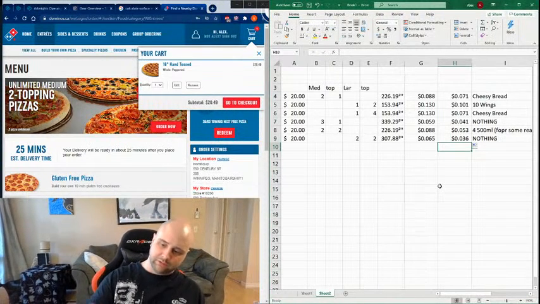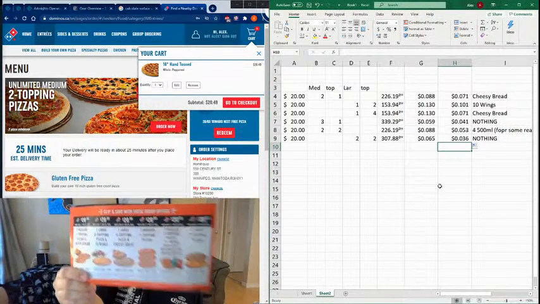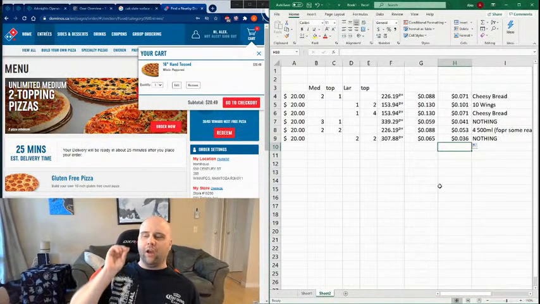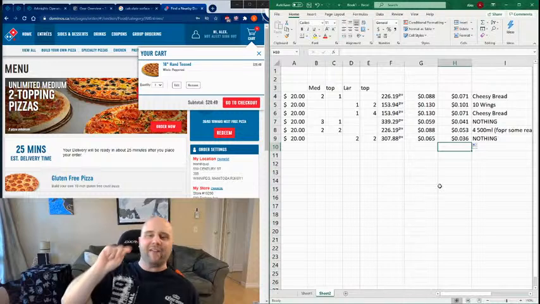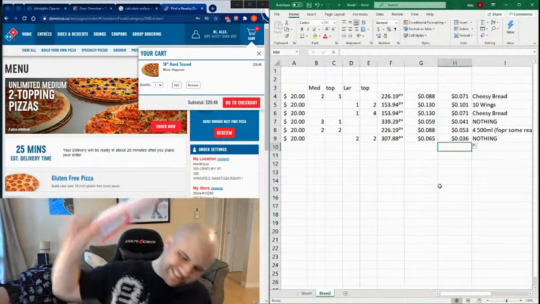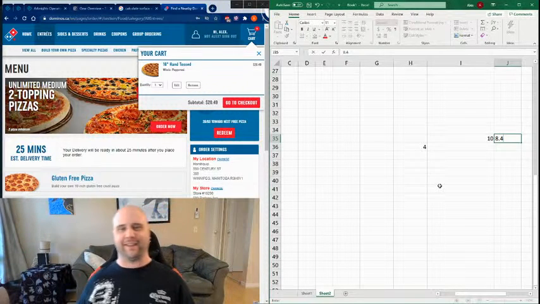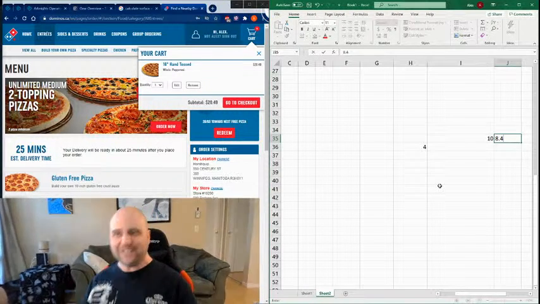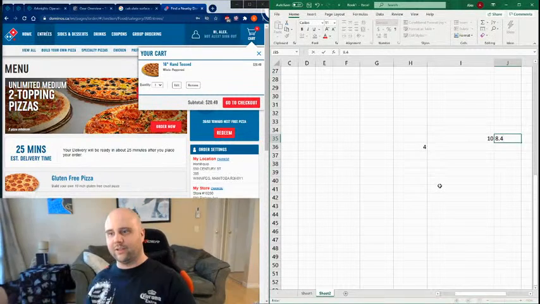So, if you were lucky enough, like me, to get yourself one of these bad boys, and if you are interested in the purest deal of just how much surface area of pizza you can get for your dollar, you now know scientifically, mathematically, statistically, spiritually, emotionally, the decision you need to make is to get 2 large 2 topping pizzas for $20.